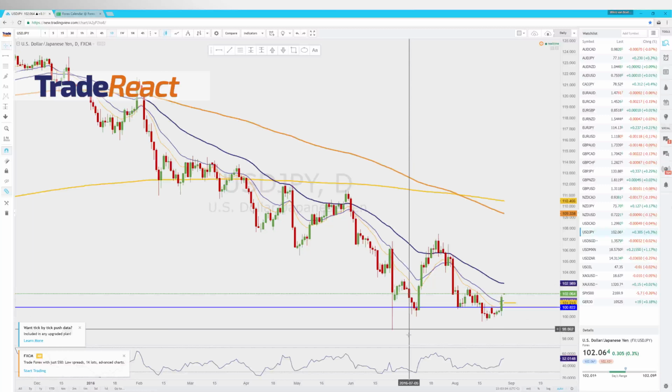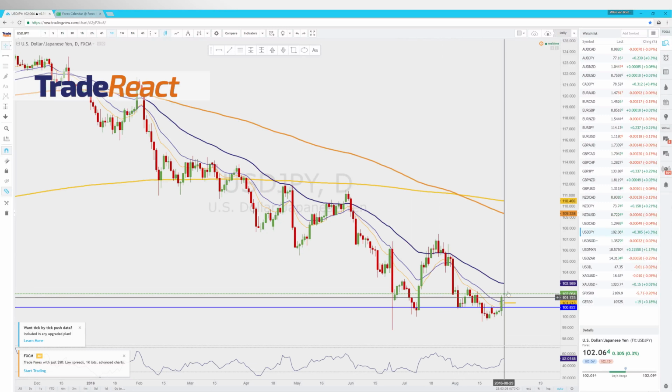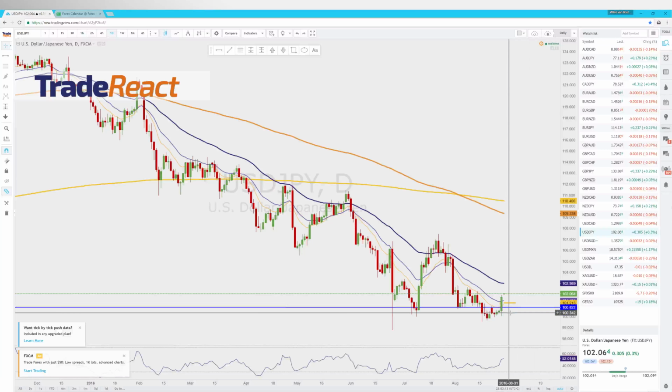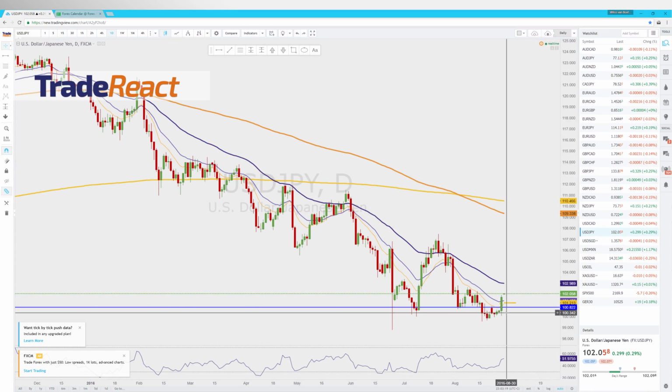Daily. Is there a setup, a bit of a bullish divergence here on the RSI? So we might look for price to move around this 100 level, which is of course important, where it bounced from with a real green candle.